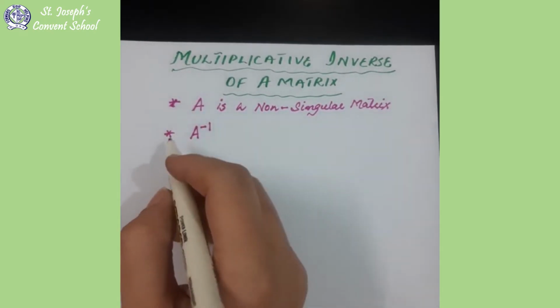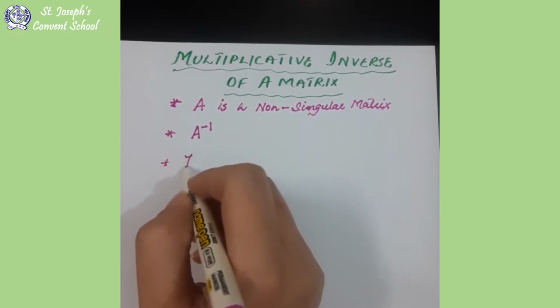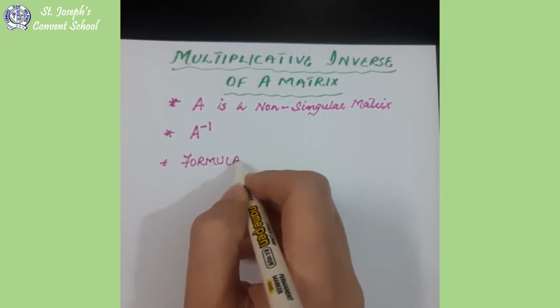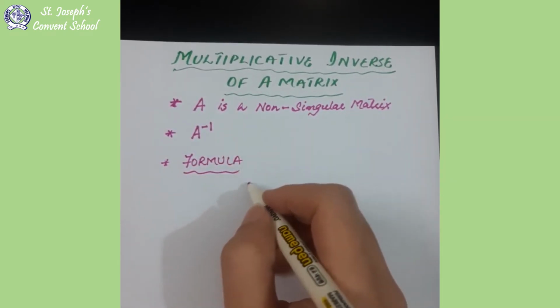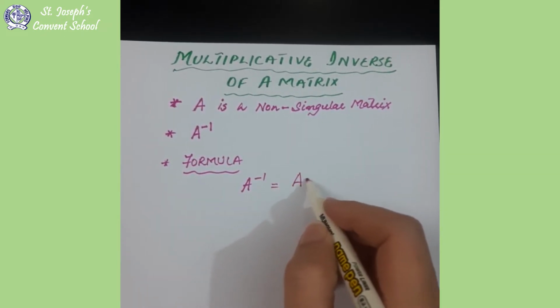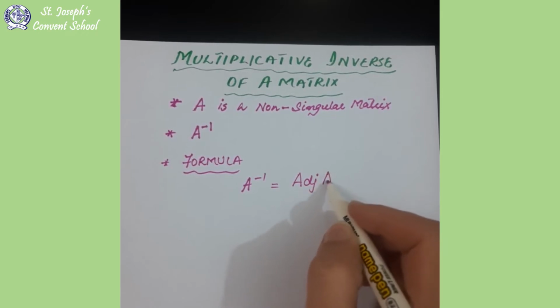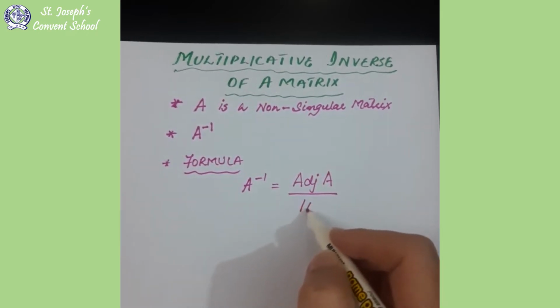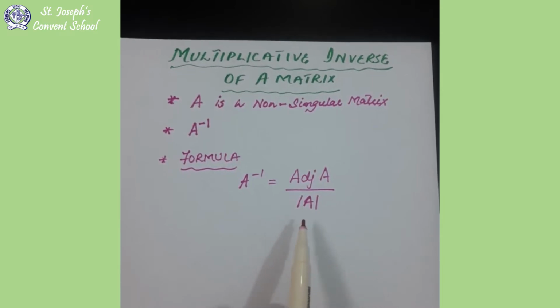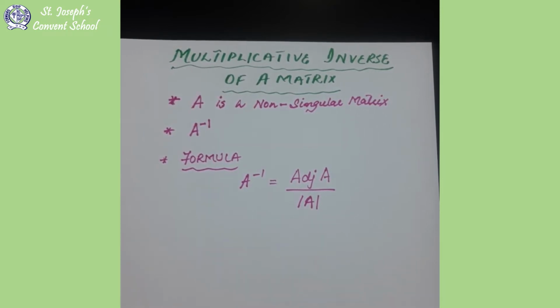And the formula which you are going to use for multiplicative inverse: A inverse is equal to adjoint A divided by determinant of A. This is the formula which you are going to use. You already know how to find the determinant. If the determinant is not equal to 0, then you will apply this formula. If the determinant is equal to 0, you will not solve it further.